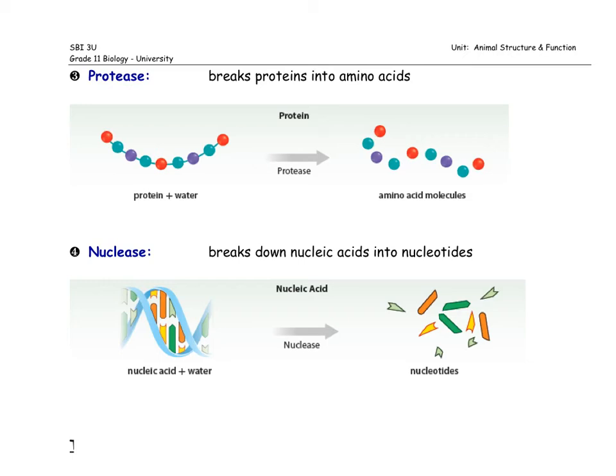And we know the building blocks of our nucleic acids are the sugars and the phosphates, and we have our nitrogenous bases. And so a nuclease is an enzyme that will take our nucleic acid, in this case it looks like it's a DNA molecule, and break it down into nucleotides.